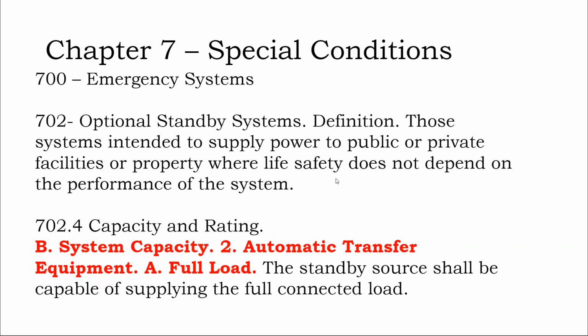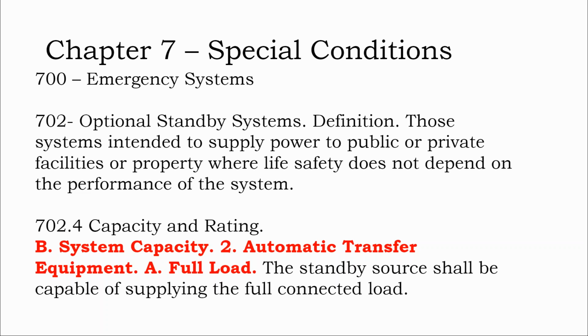But here's the thing: even with standby systems, it says, look, if you're going to have a load on an automatic transfer switch so that you don't lose power during a non-emergency power outage, a typical power outage, your source has to be capable of supplying the fully connected load.